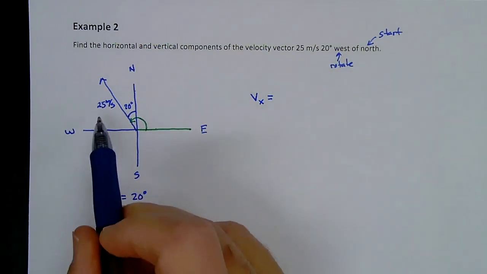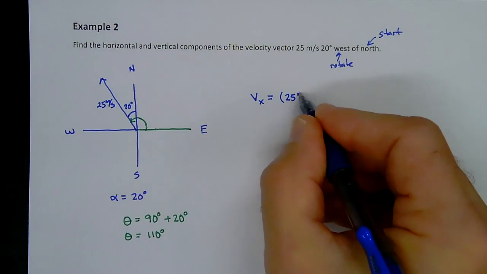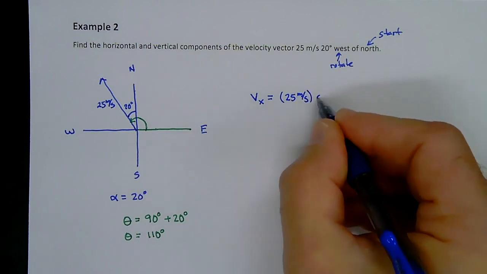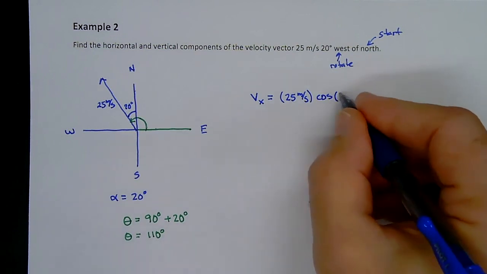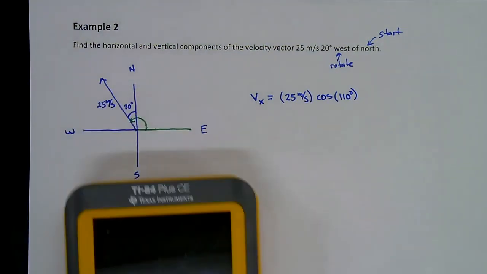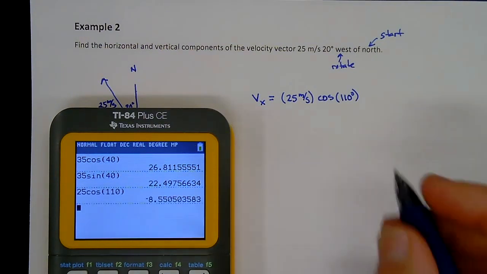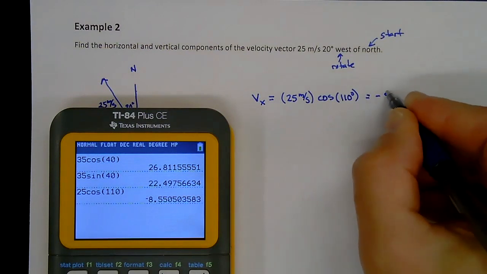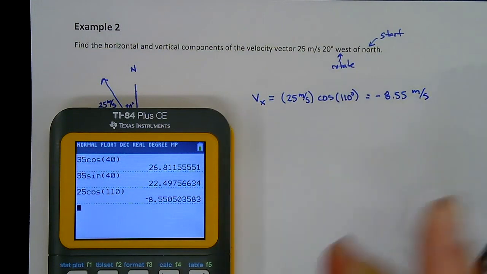Once again, our V sub x is equal to 25 meters per second times cosine, not of the 20 degrees, but of the 110 degrees. Putting 25 cosine 110 into our calculator, we get negative 8.55 meters per second.